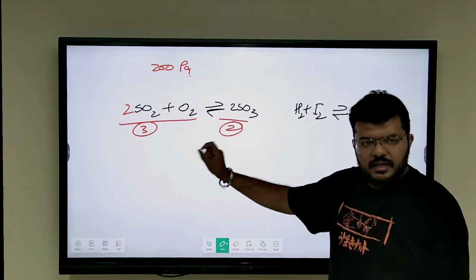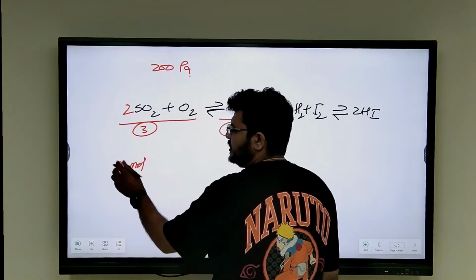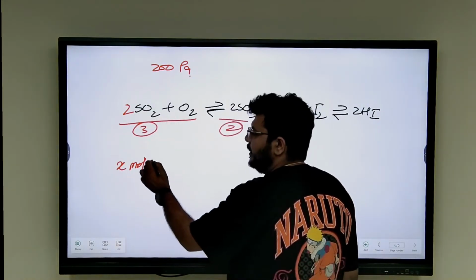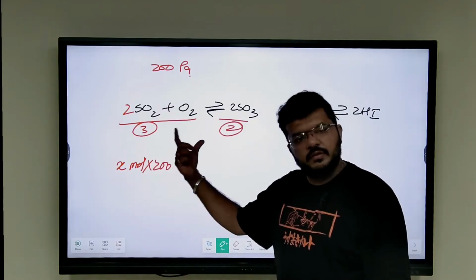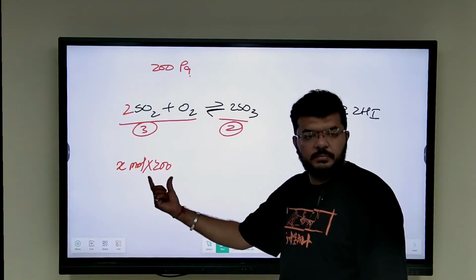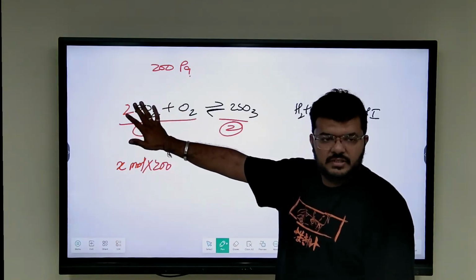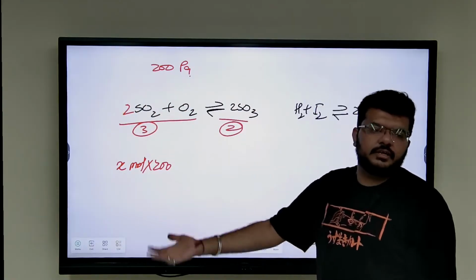Then let's say कि इसका mole है x. इसका mole fraction x moles है. Multiply that by 200. Because it's a mole fraction, it will be a number less than 1. So that is the pressure exerted by just this gas. You will accordingly find pressure exerted by each gas and then find Kp.